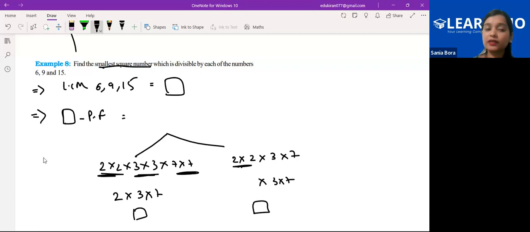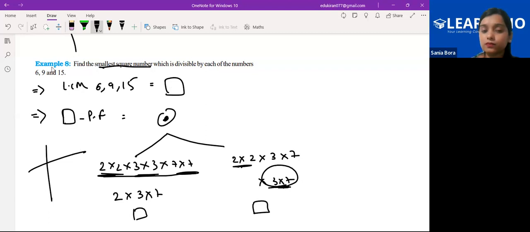Then I find the prime factorization of this. And if all have a pair, then well and good, that will be your final answer. In case anything is missing, then with the missing number only, you will multiply this number. Prime factorize the LCM again. Yes, but over here it's like this 2, 2, 3, whatever comes.